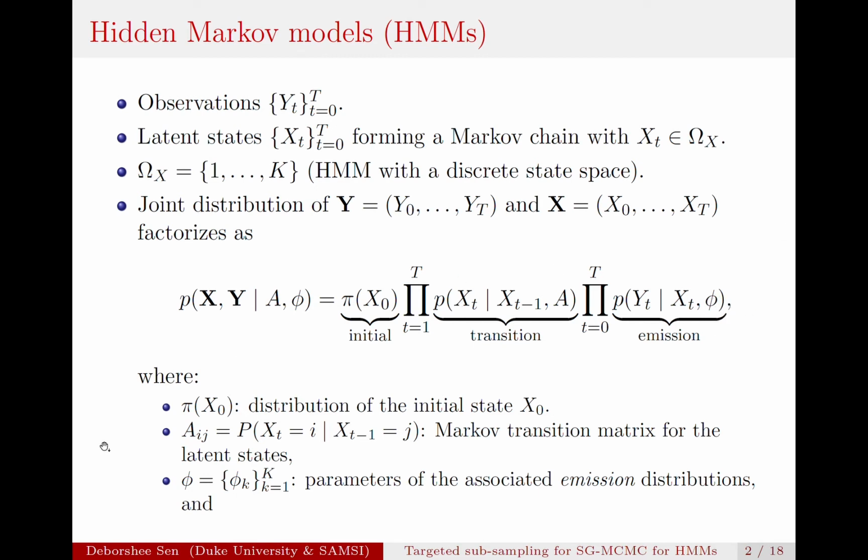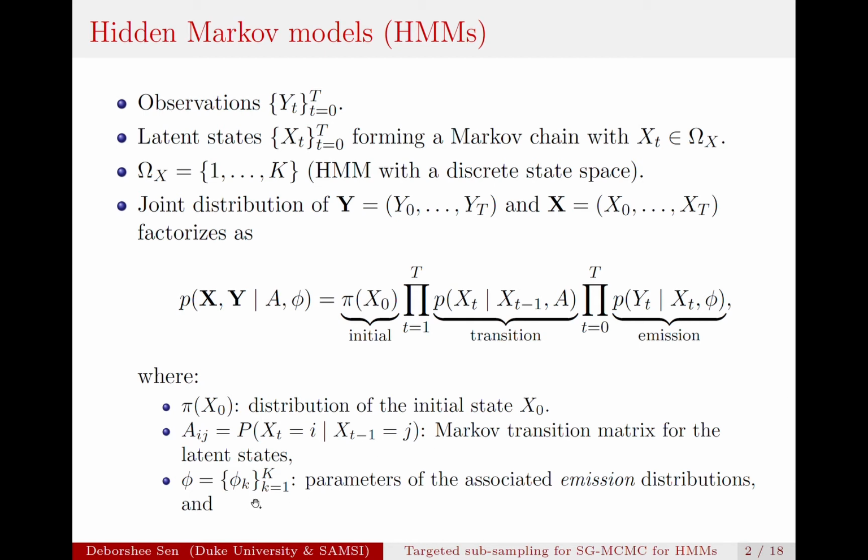Okay. So pi is the distribution of the initial state. A is the Markov transition matrix. Here we assume it's the transpose of a Markov matrix, of a stochastic matrix, because the columns are these transition probability vectors. And then phi is the parameters of the associated emission distributions.